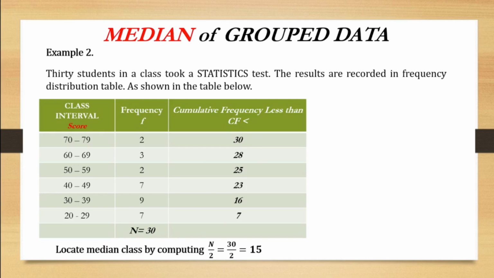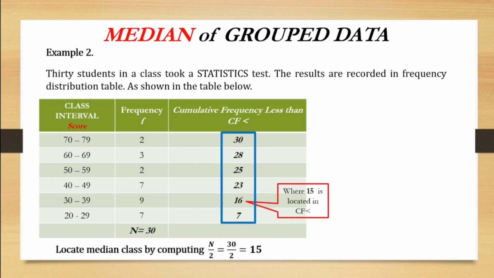Let us now locate the median class by computing n over 2. Since our n is 30, then 30 divided by 2 is equal to 15. We are going to use this number 15 and locate where it belongs in our cumulative frequency less than. 15 belongs to 16. Why 16?